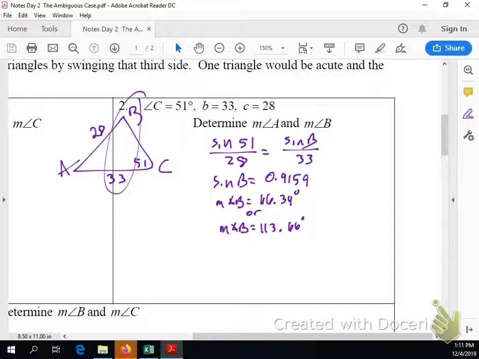To find the measure of angle A, we go back to our two cases.